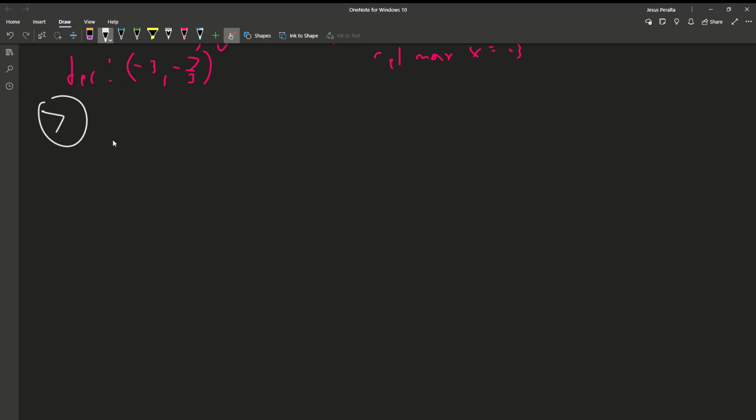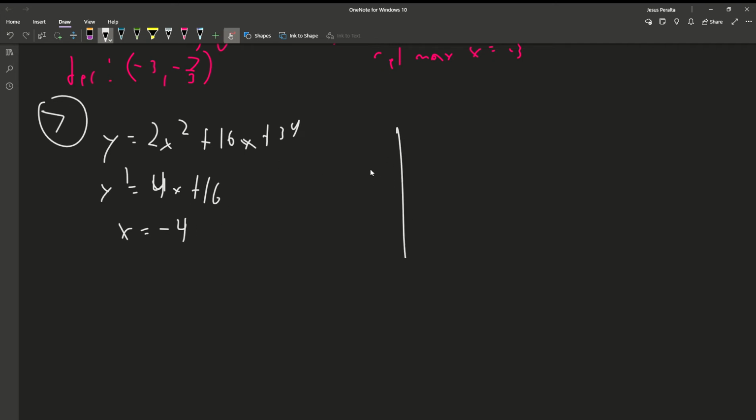So number 7 would be y is equal to 2x squared plus 16x plus 34. So you would find the derivative first. y prime is equal to 4x plus 16. You find what x is equal to. That would be negative 4.